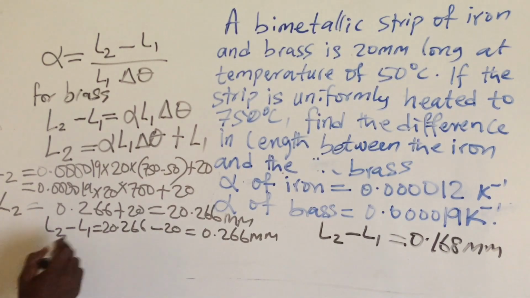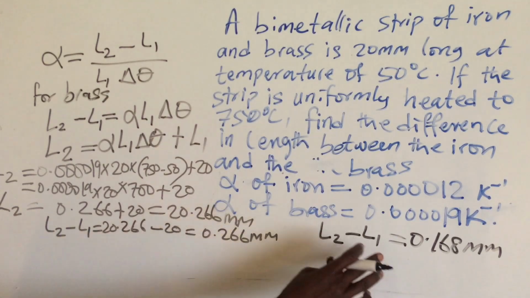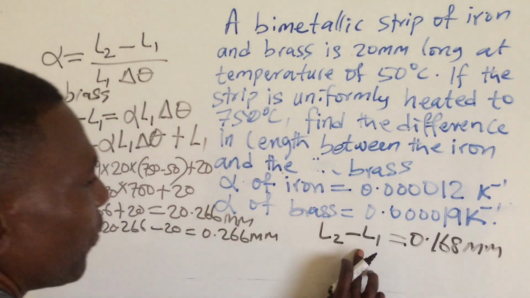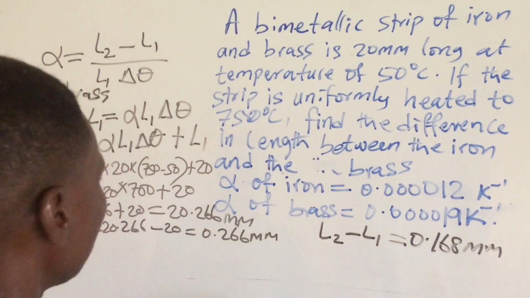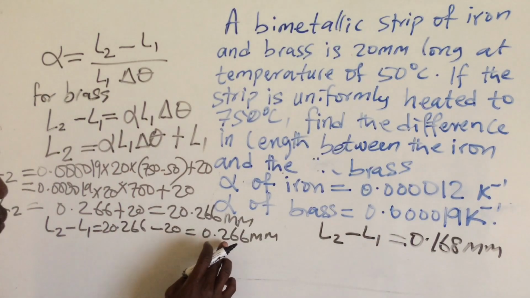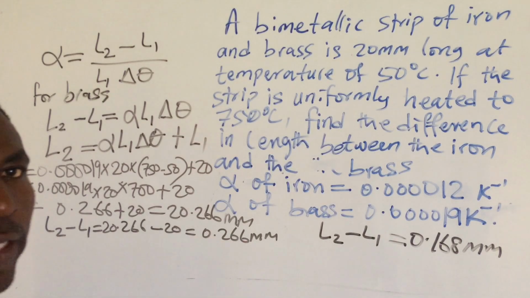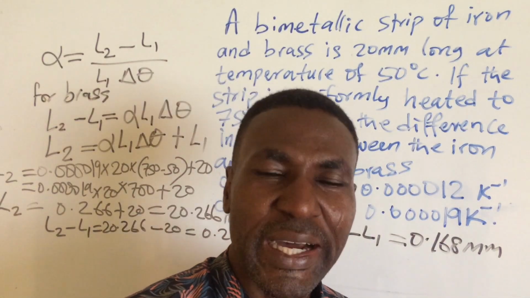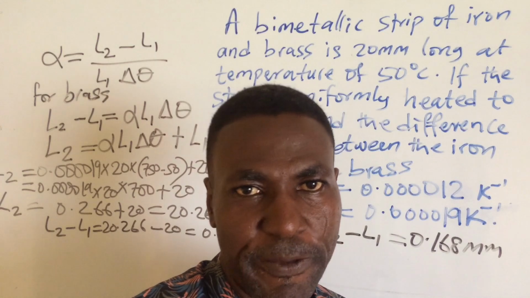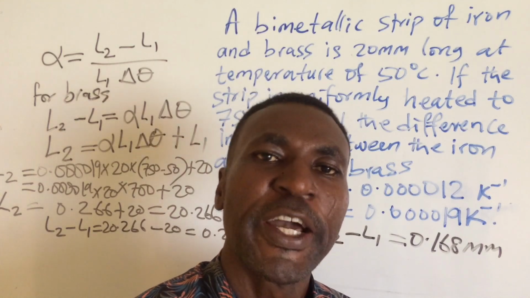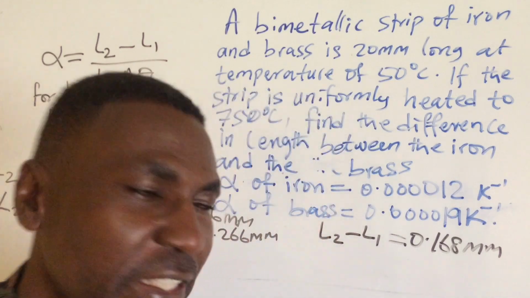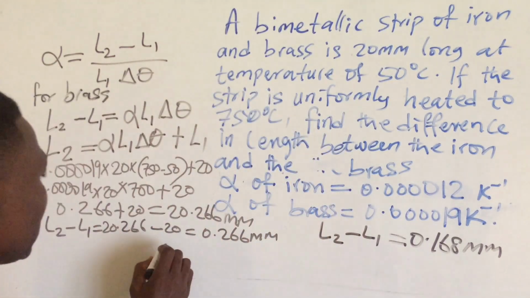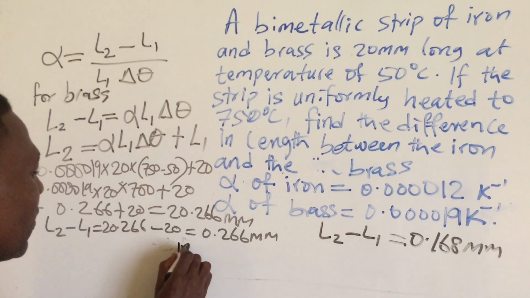So now the difference in length will be: iron is 0.168, then brass is 0.266, which means brass increased more than iron. From this calculation, brass increased more than iron.